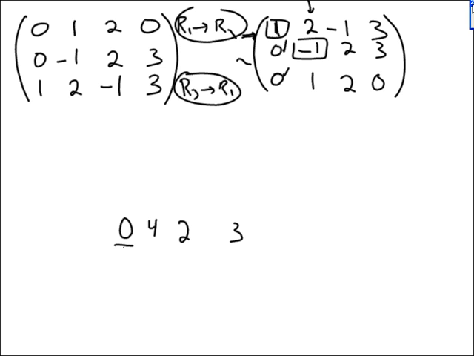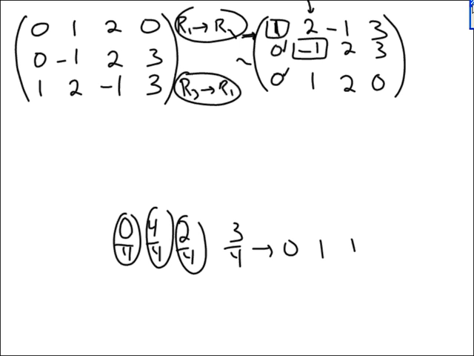Now, if I divide by 4, this is 0, this is my 1, 2 over 4 is a half, or a fraction, and then 3 over 4. Don't worry about getting a 1 in the leading position until the very end.